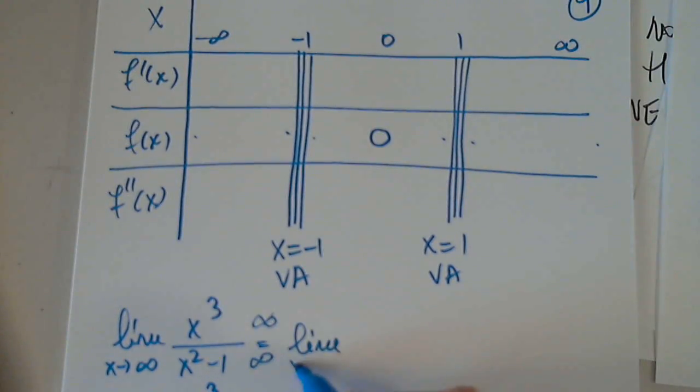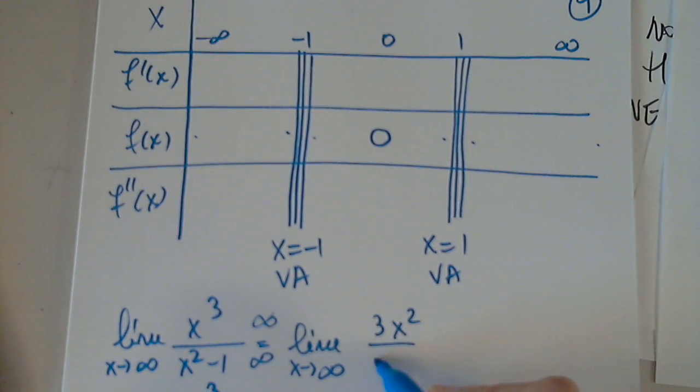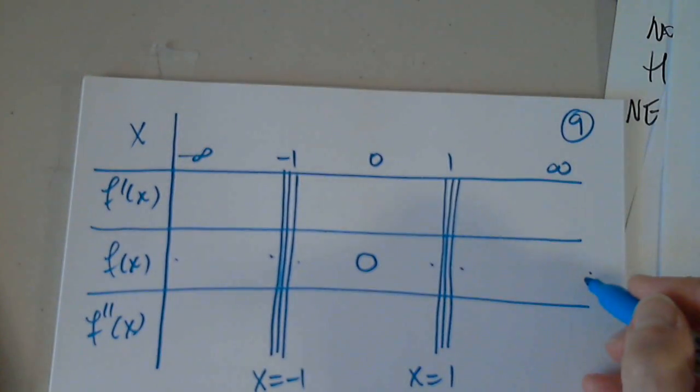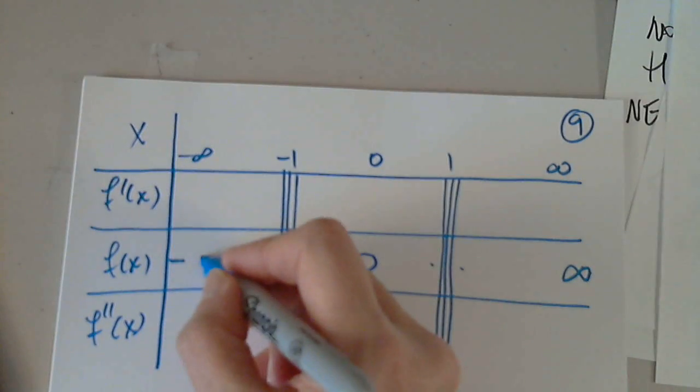So this is limit as x approaches infinity of 3x squared over 2x. I will simplify by an x, and when x approaches infinity, this is infinity. In the same way, I will get the same thing, but when x approaches negative infinity, it will be negative infinity. So when x approaches infinity it is infinity, and here it is negative infinity.